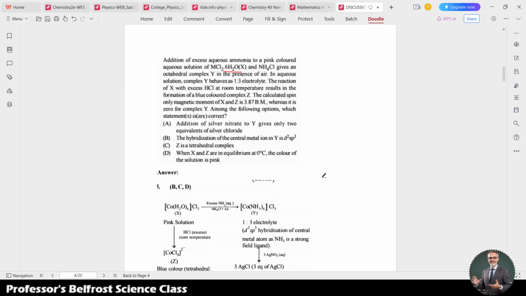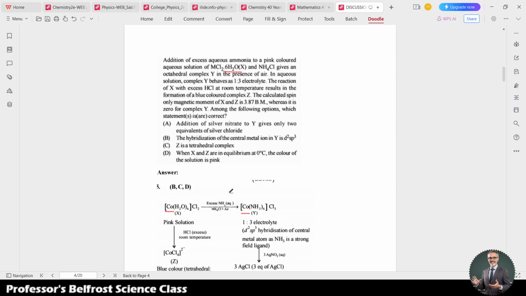So we have options A, B, C, and D. Actually, this is quite complicated, but we can analyze it. We can see clearly from the description that M represents cobalt.